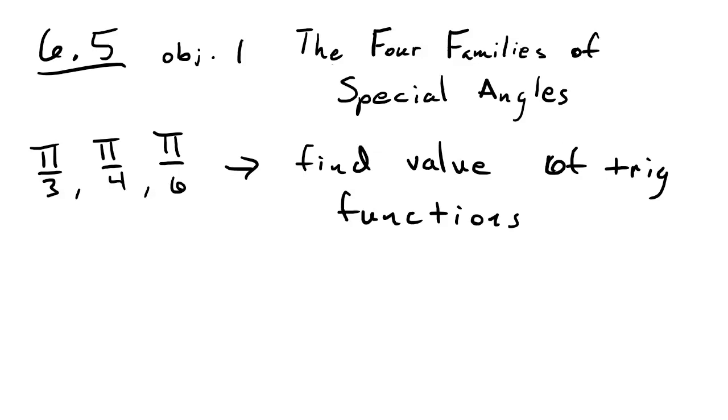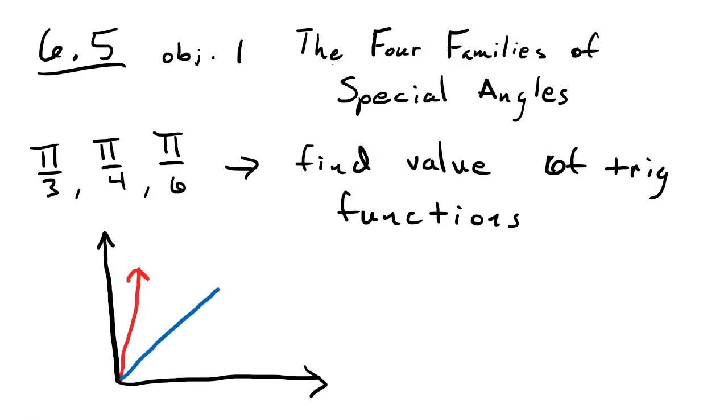So pi over 6, pi over 4, and pi over 3, if you look at the xy plane, I'll just draw the first quadrant for now because that's all we really care about right now. Pi over 3 was like this. Pi over 4 was more kind of in the middle, and pi over 6 was close to the x-axis.